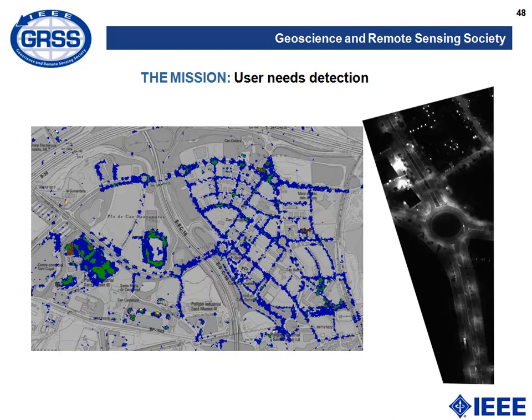A few satellite sensors are dedicated to light pollution, with spatial resolutions of about 500 meters or just 1 kilometer.